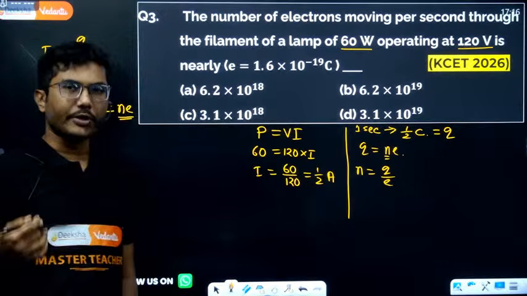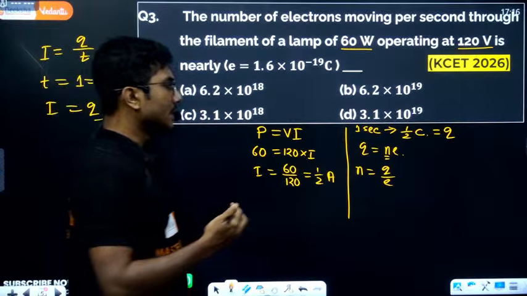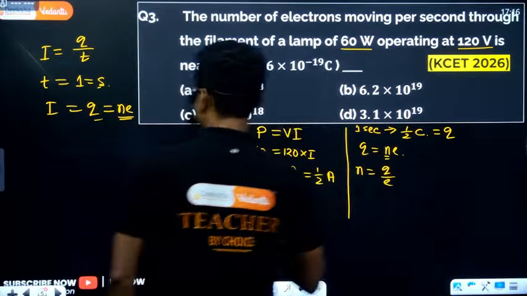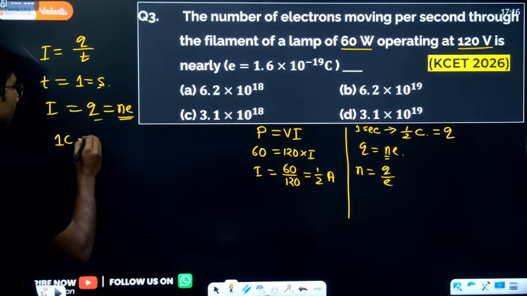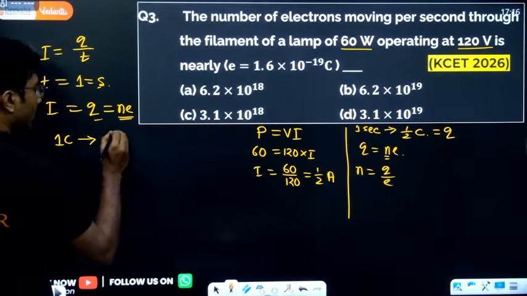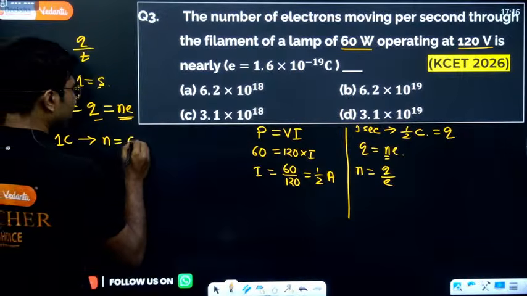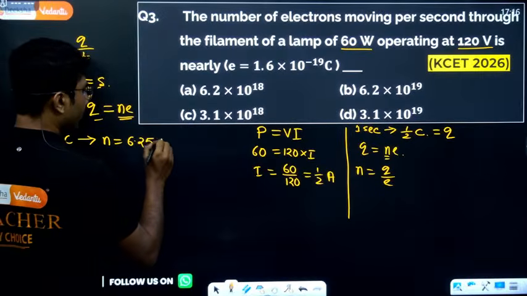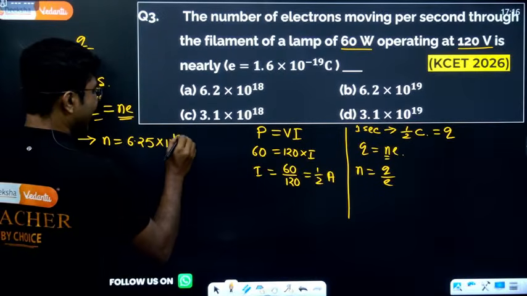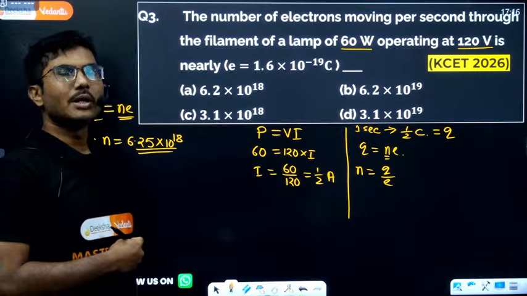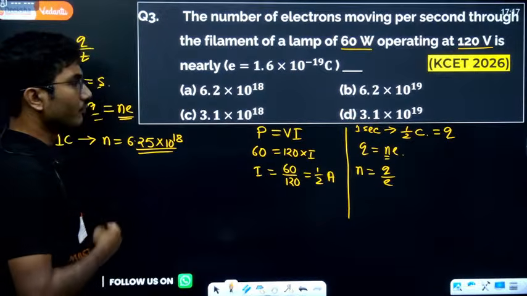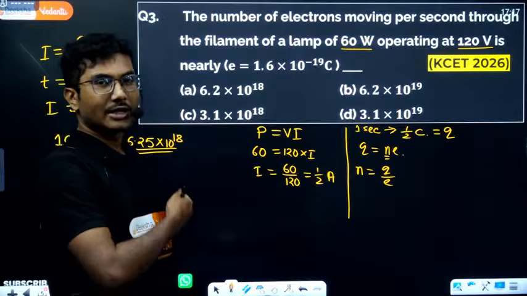There is a shortcut way to solve as well. What is that shortcut way? You have to remember 1 coulomb charge is equal to number of electrons 6.25 into 10 to the power of 18. If you remember this value, the problem is very easy for you to solve, specifically this kind of questions.